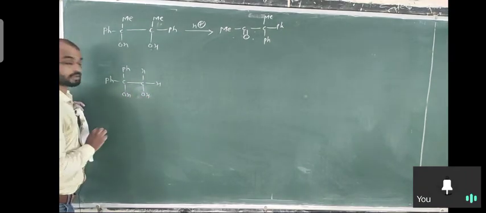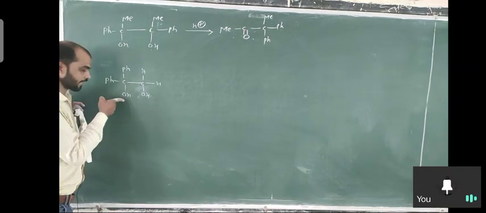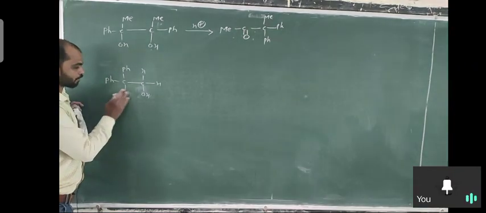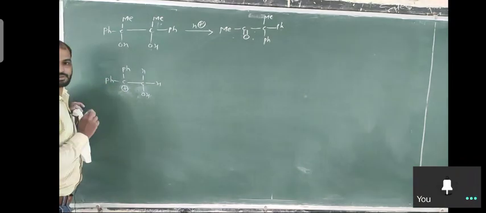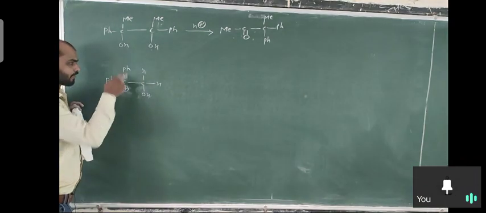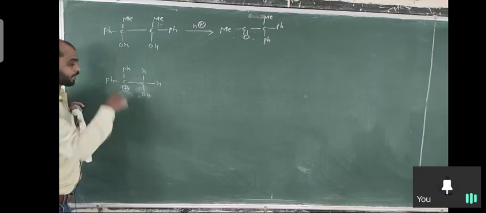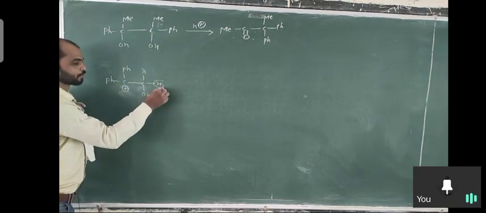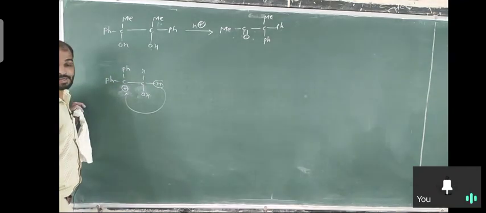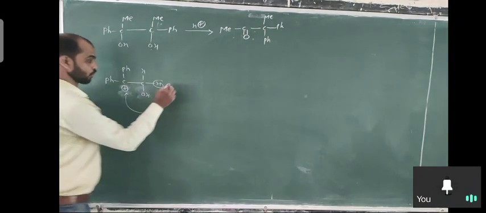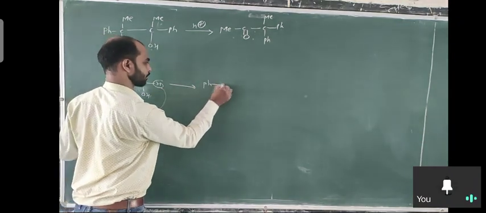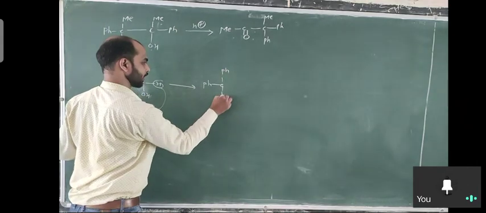So where is the protonation possible? Here. Once protonation happens here, you lose this one and get this carbocation, which is stabilized by the plus R effect of both the rings. So the protonation is here and the group is migrated here. We get this product: Ph, C, Ph, and H comes here.